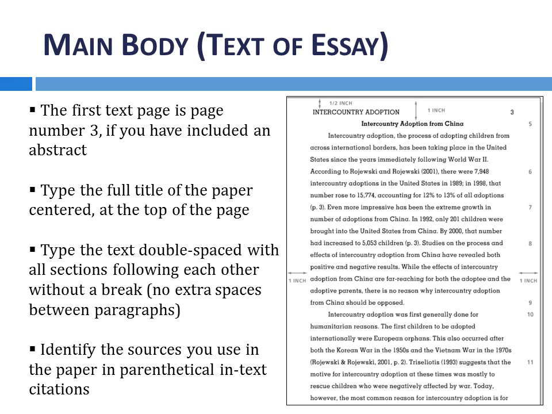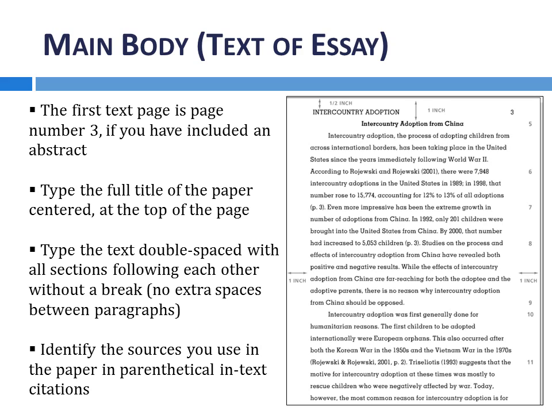We're now looking at the main body of the essay. This is the heart of the text. The first text page is page number 3 if you've included an abstract, which is page number 2. If there's no abstract, this first page of text will be page number 2. You'll type the full title of the paper centered at the top of the page.